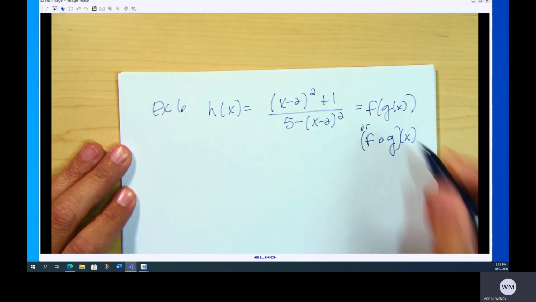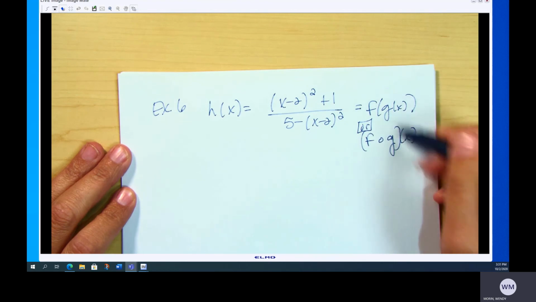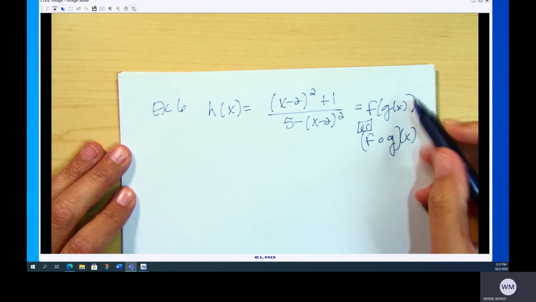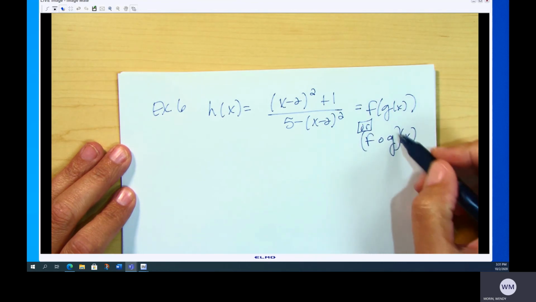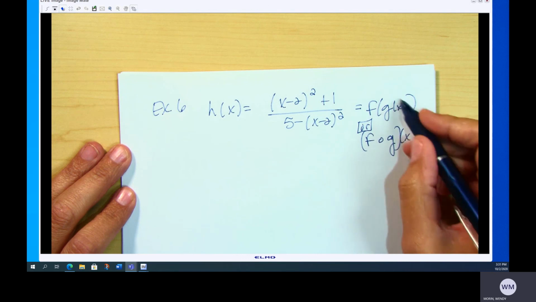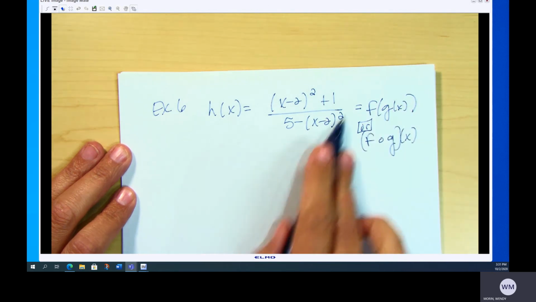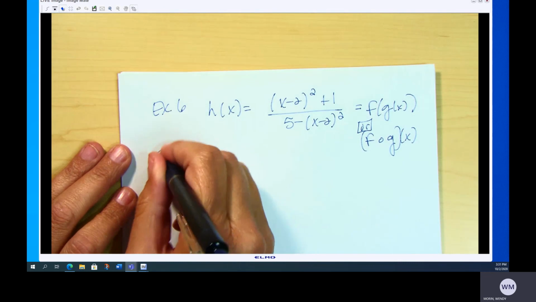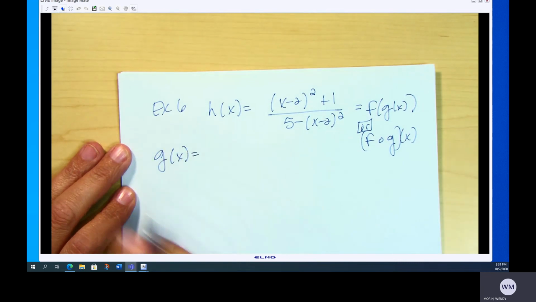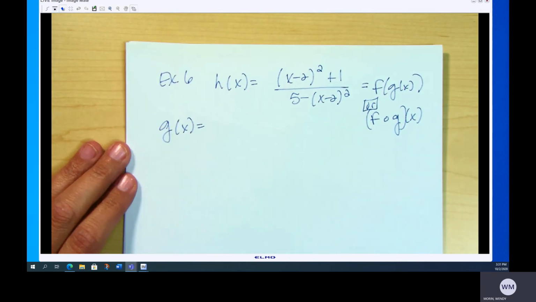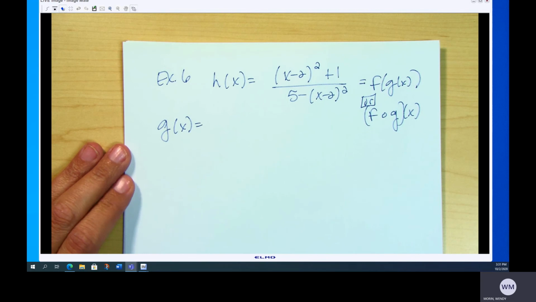That's another notation for composition. When you see it like this, you're plugging g of x into f. So looking at this as our end result, what do you think g of x is? What do you think you substituted into the original?